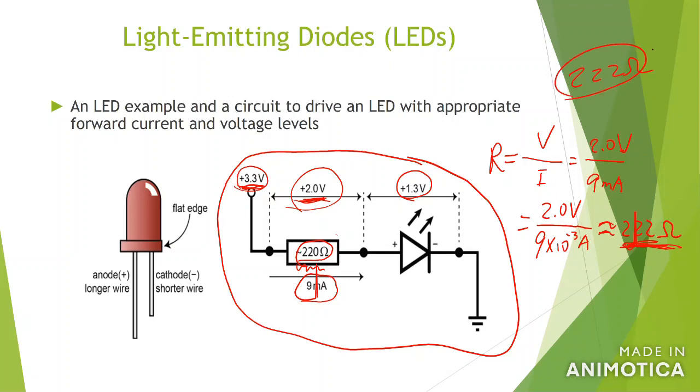The closest standard resistor has a resistance of 220 ohms. So that's the closest standard value resistance. That's why instead of using an accurate 222 ohms, you have to use 220 ohms, because that's the only available standard value resistor.